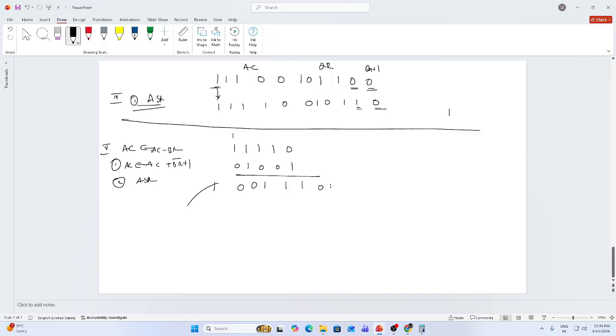So 0 1 0 1 1, 0. So count becomes 0, and this is the first step, addition. You need to perform the shifting, right? So you do shifting, 0 you write here. This is the second step, I am doing arithmetic right shift 0 0, okay? 1 1 1 0 1 0 1 1.